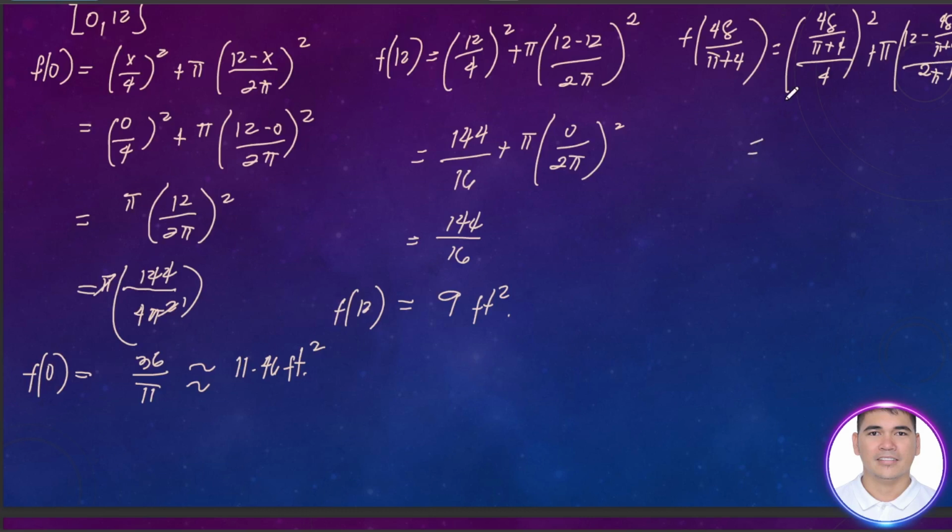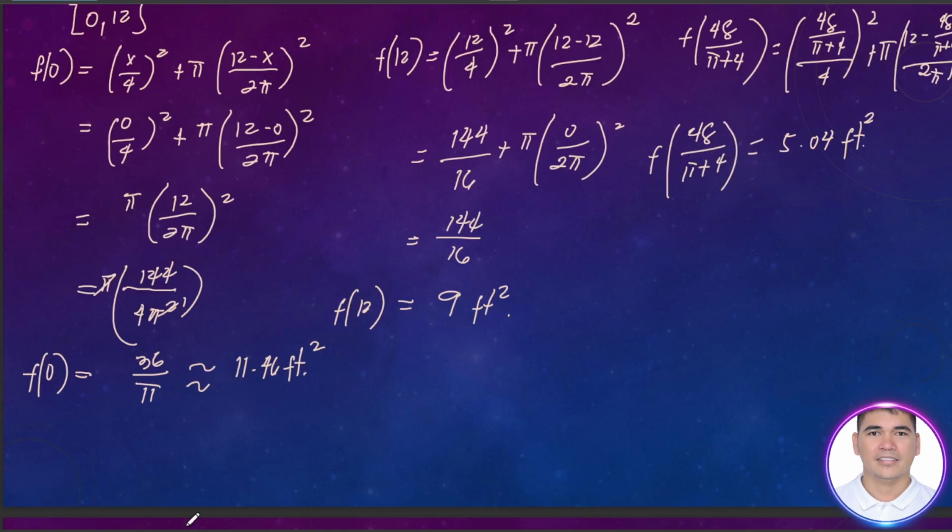When you solve this, you will end up with 5.04 square feet. That is our f when x is our critical number.